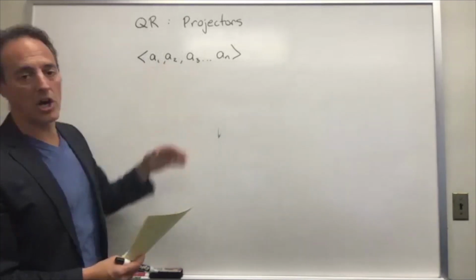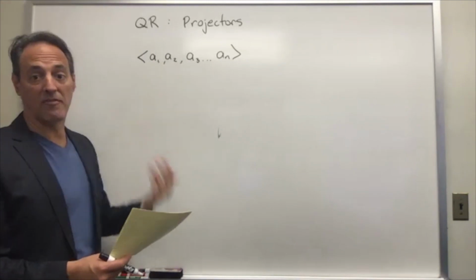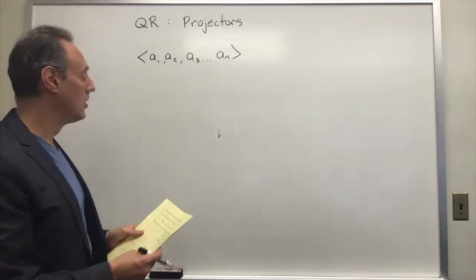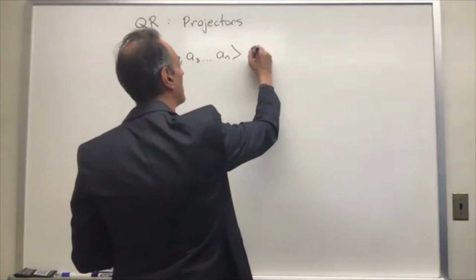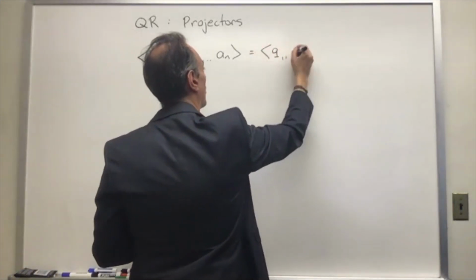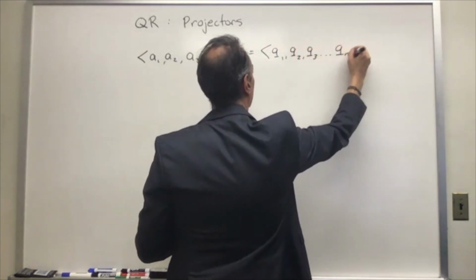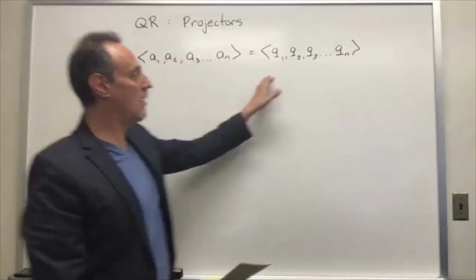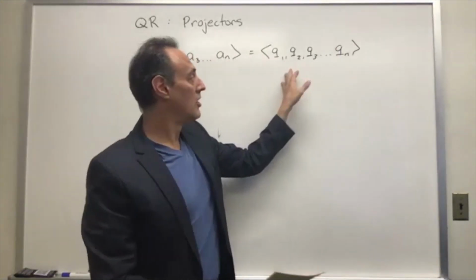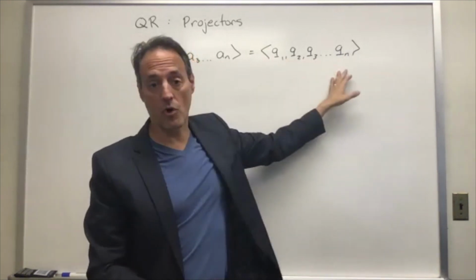Okay, so these are going to be the columns that span this n-dimensional space. They're going to be the columns of my matrix A. And the idea is to find an equivalent subspace, but now I want to span it with new vectors, Q1 through Qn, where these are orthonormal.